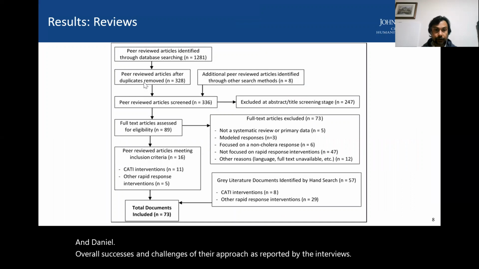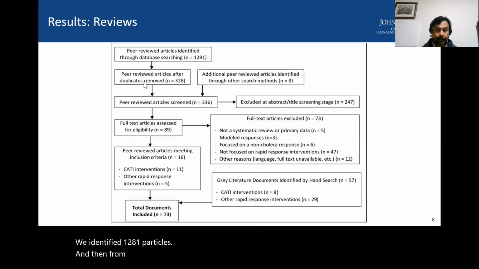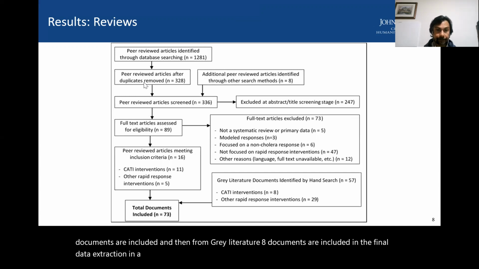This diagram is showing the process of the literature search. We identified 1,281 articles, and from there we completed different screening steps. From the peer-reviewed articles, 11 documents are included, and from grey literature, 8 documents are included in the final data extraction, in the final study.